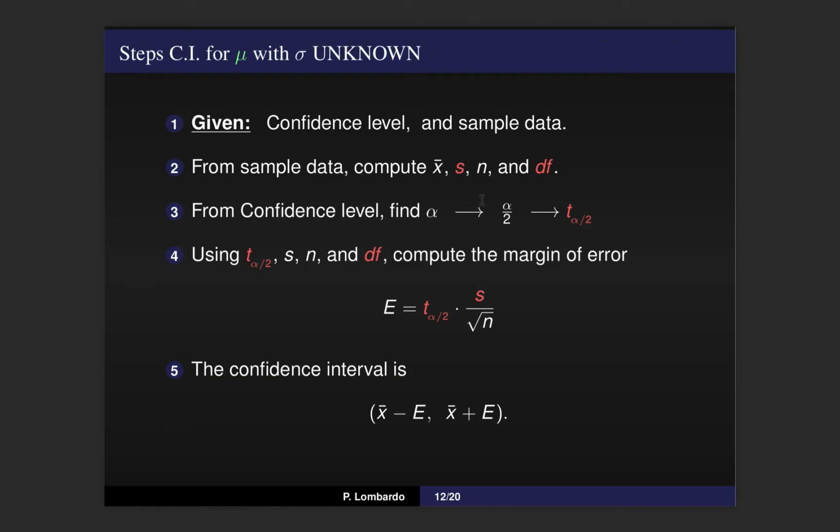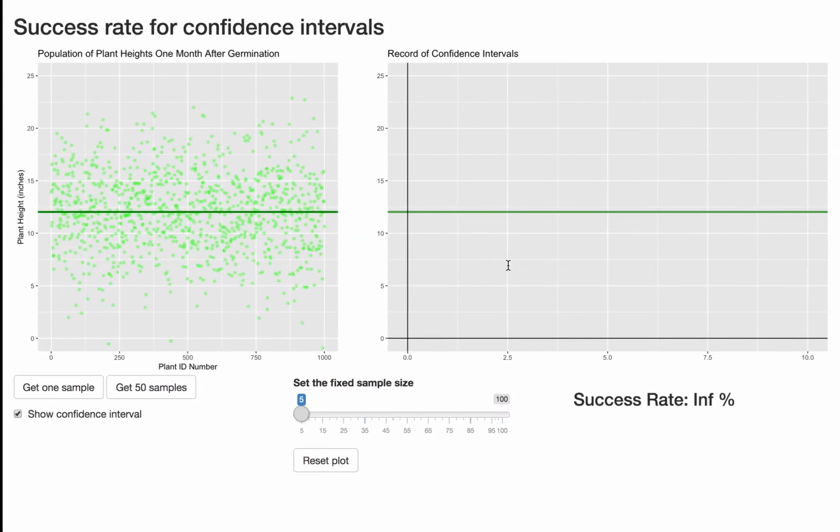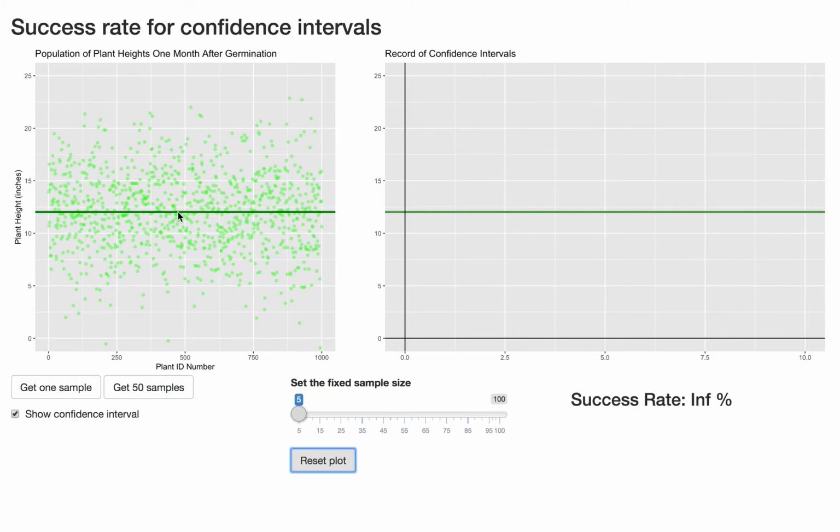So I want to end today's lecture by looking at a visualization for this confidence interval step, but with our modifications. The visualization's familiar, right? So we have that same population of plant heights 1 month after germination. The true population mean is in green and it goes across both plots. And if we set a certain sample size, maybe let's set it equal to 15, all right? We can get samples from the population, right? The samples that get chosen are the blue dots, and the sample mean that gets estimated goes through.